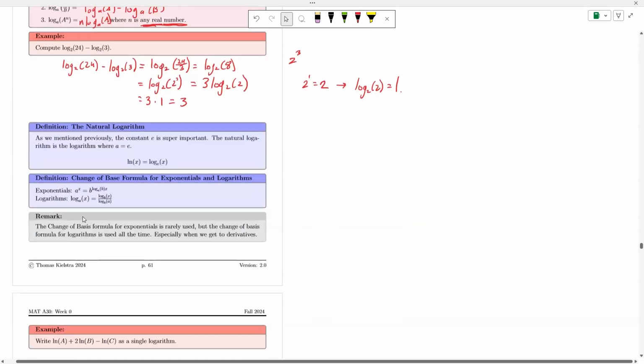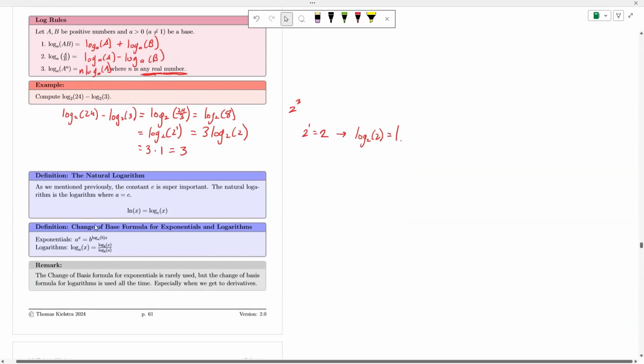And now we get our natural logarithm. Now the natural logarithm is based on that constant we talked about before, that constant e, which is super important. The natural logarithm is a logarithm where our base is that nice number. And we use ln to represent the natural logarithm.